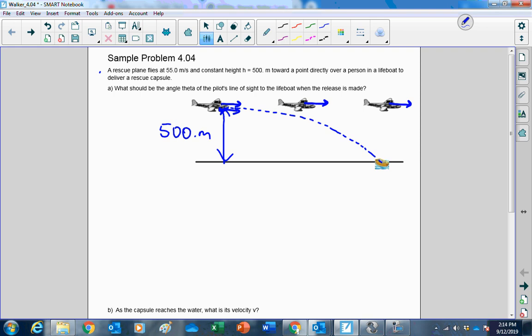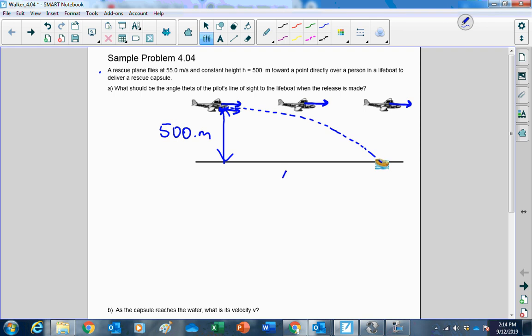Okay, so in other words, what we really need to know in order to find this angle is how far horizontally from the point of release the plane should be when it lets go of the capsule.